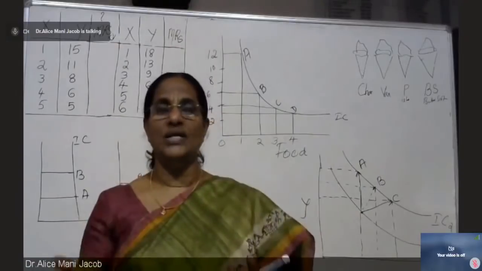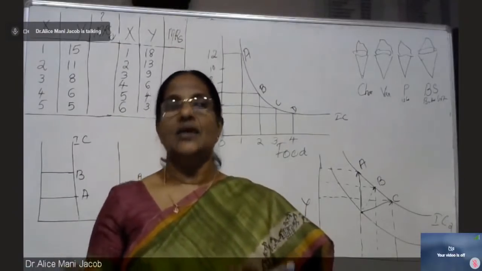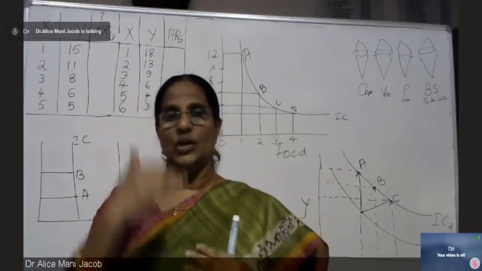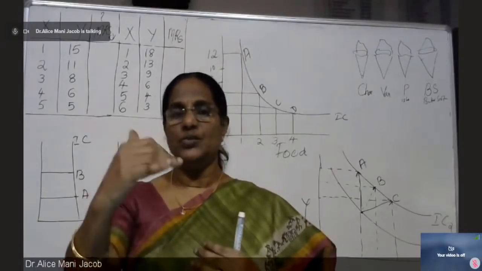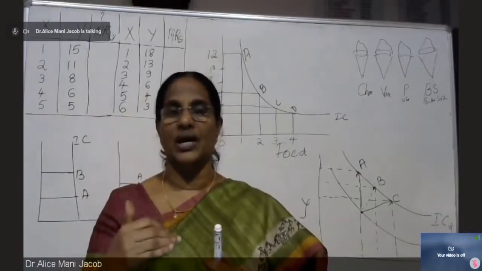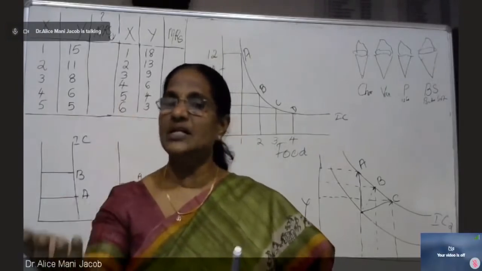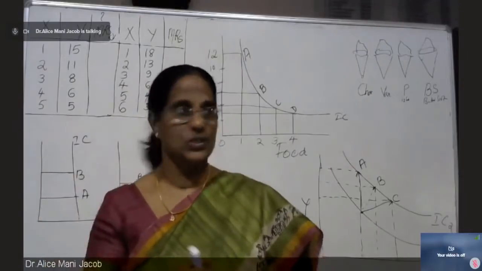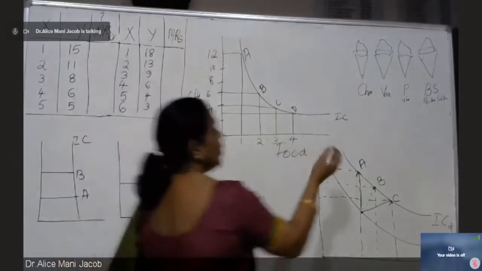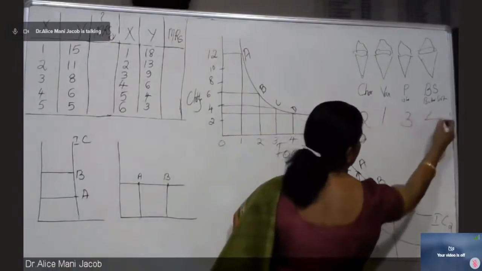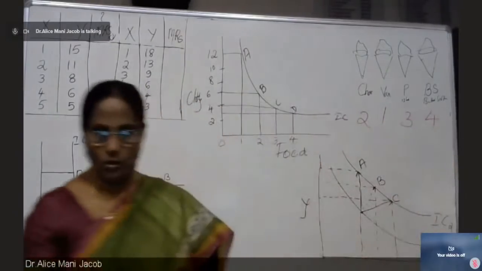Each one who is attending this class will have their preference. So I ask you, which one would be the first? Okay, you can write vanilla is the first. Somebody else might say chocolate is the first. So what you do is, you can order them as first, second, third and fourth.